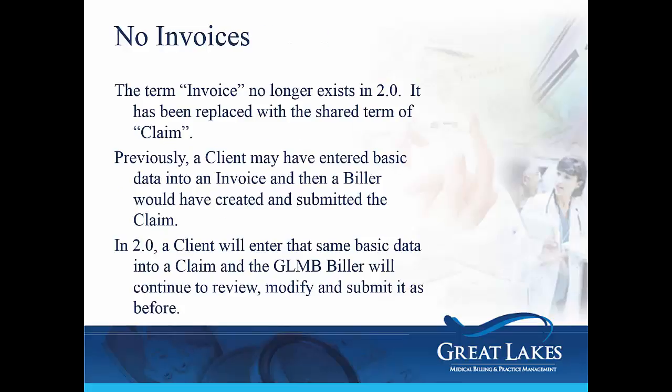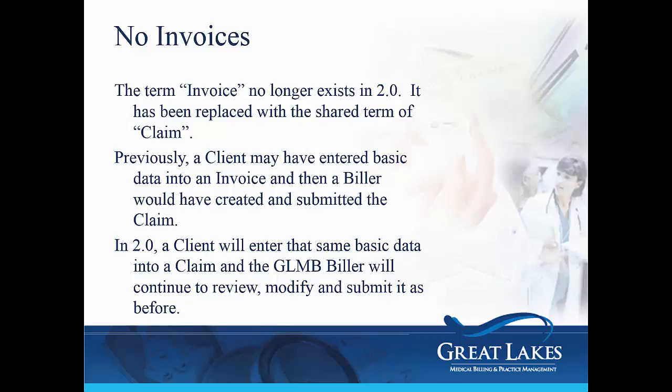Also, and I won't show you in the system, there is no invoice. There's no concept of invoice. It does not exist in version 2.0. It's rather simply just a claim. Whereas in the older version, if you're a client user, you might have entered the basic information into an invoice screen, and then the Great Lakes biller would turn it into a claim and then submit it.